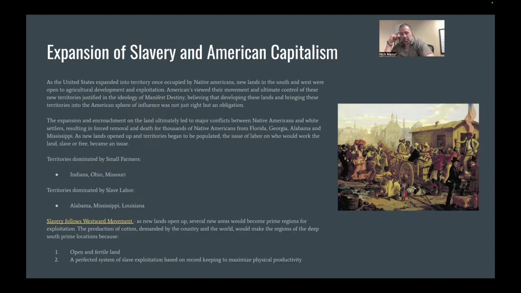Why it is often called a peculiar system is not just because of the fundamental hypocrisies that exist within the system, of people who could claim liberty and freedom for all and still own slaves. It's not just that. It is the peculiarity of a system in which it was discovered how to maximize labor through incentives.